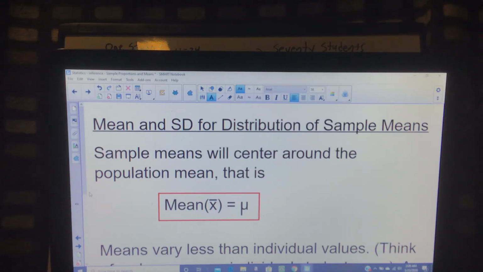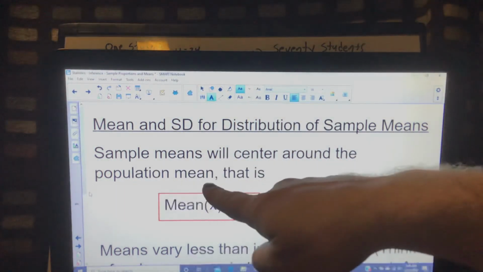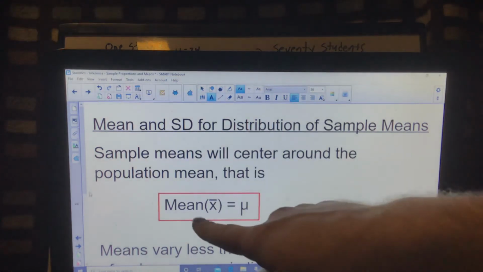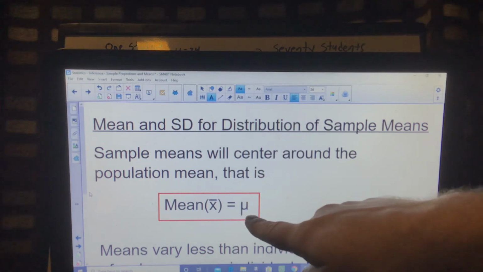So when we go to make that normal curve, the normal curve's mean should be the mean of the population. The sample means will center around the population mean. What this says is that the average of your samples should be the average of your population.